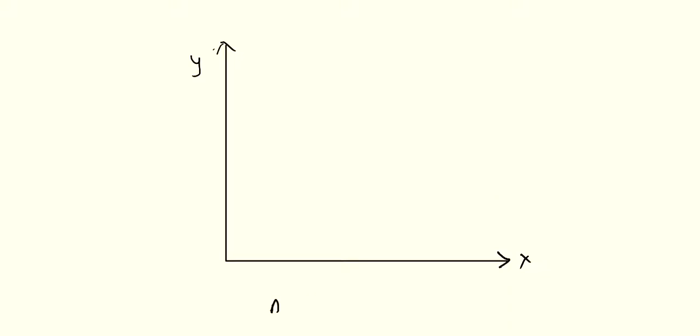So here we will write academic years on x-axis. Then here we will write number of students on y-axis. So as you can see, 2011-12, 2012-13, 2013-14, 2014-15, 2015-16, continuously we are having.